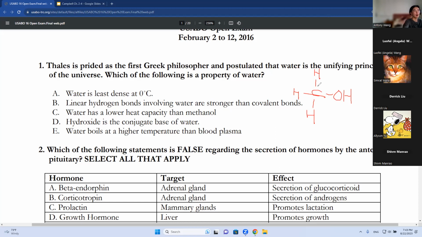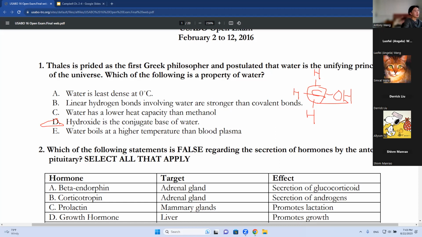In this case, methanol has a carbon attached to it, and this carbon makes the entire molecule more nonpolar. So because it's more nonpolar, it will have a lower heat capacity. Does that make sense? Okay, I'm gonna assume it does. D is the correct answer because we just went over it.